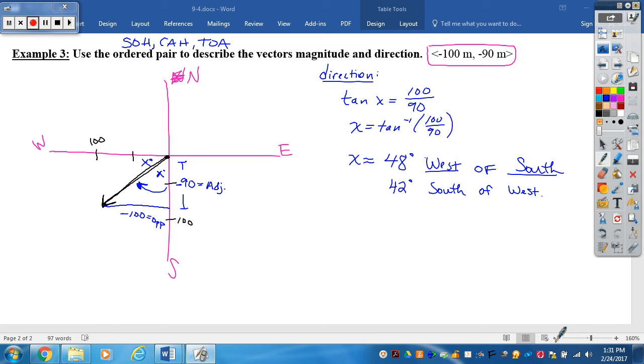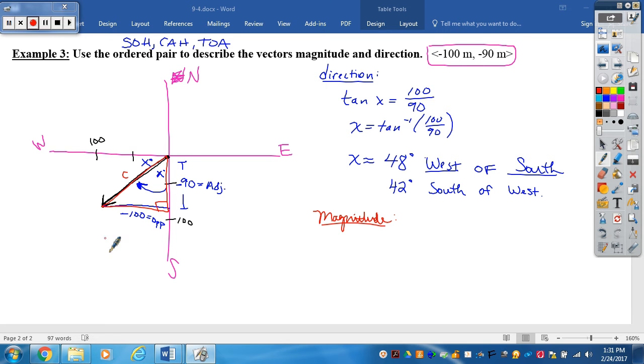So the second half of this problem is to find the magnitude. So in order to find the magnitude, okay, what we need to figure out is, magnitude, remember, is the size of the vector. Okay, how big is it? And so in order to figure out the size of the vector, we have a right triangle.